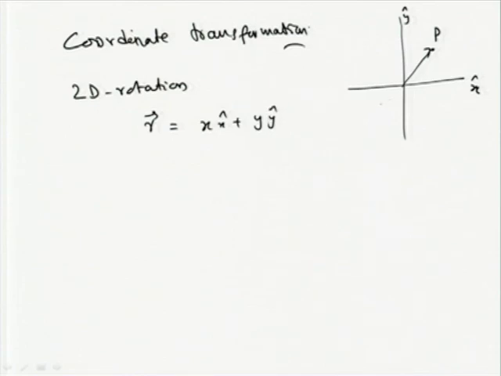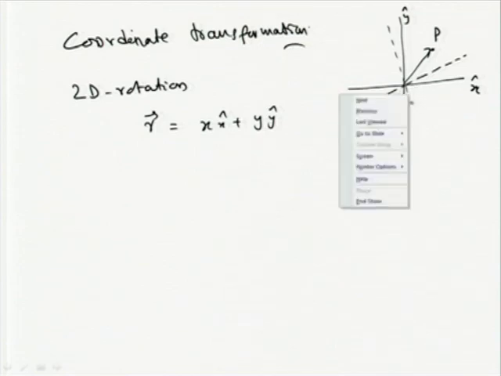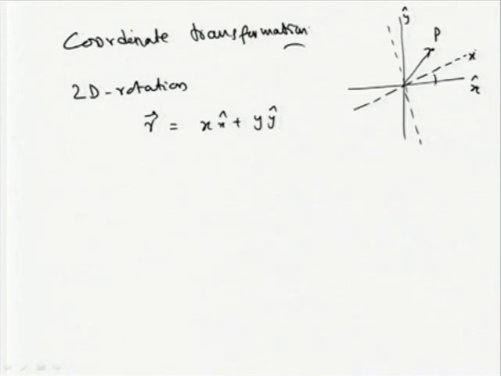Question is, if now we rotate the coordinate system, so that we have a new axis x prime and y prime caps, how do you represent this point in x prime and y prime?